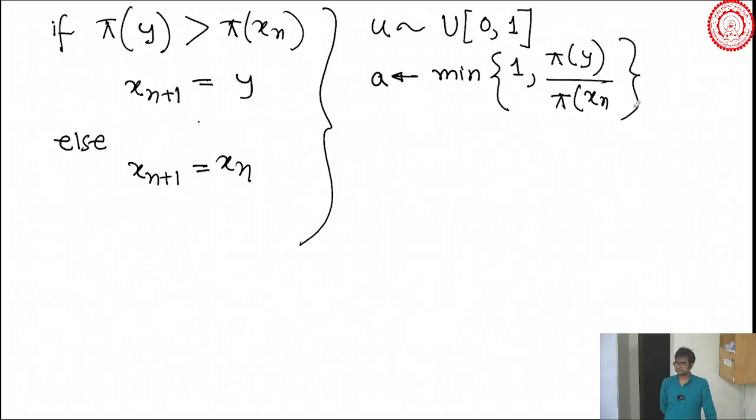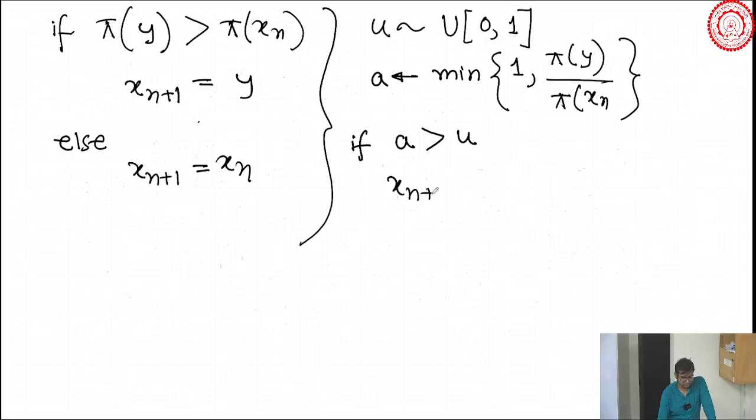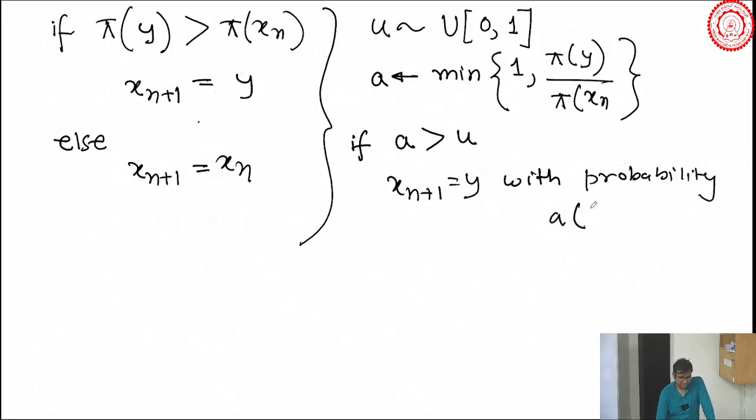And then if a is greater than u, then you set xn plus 1 is equal to y with probability a of xn comma y, which is this one, the same thing, right?